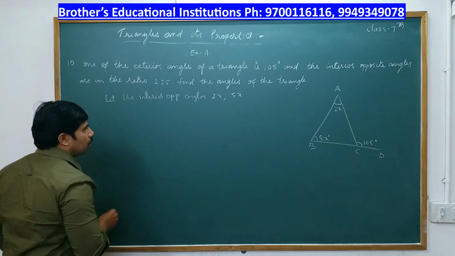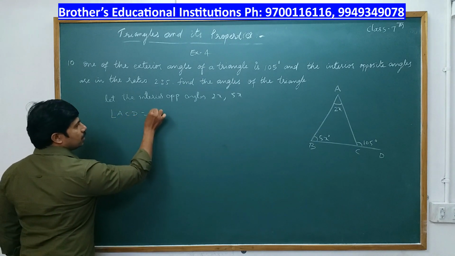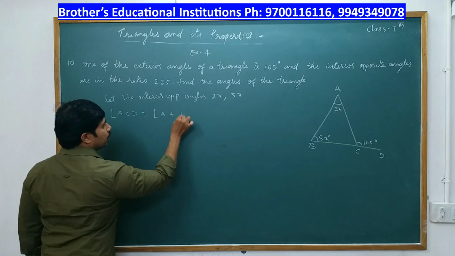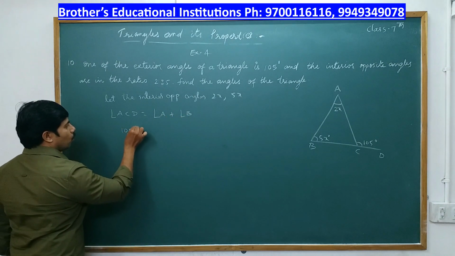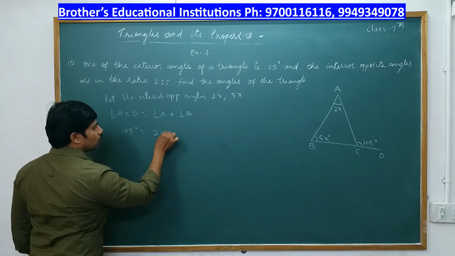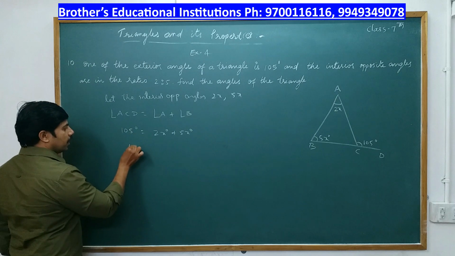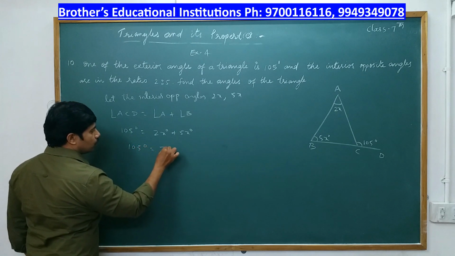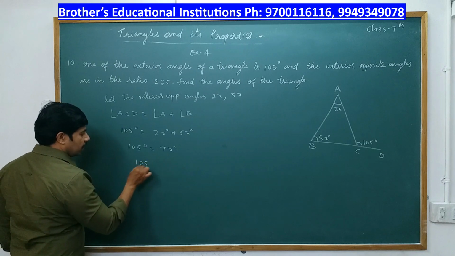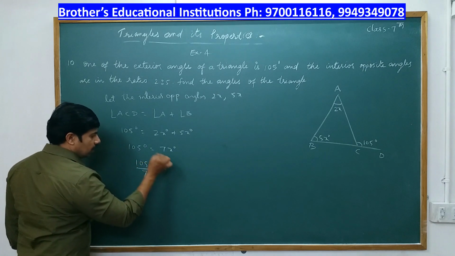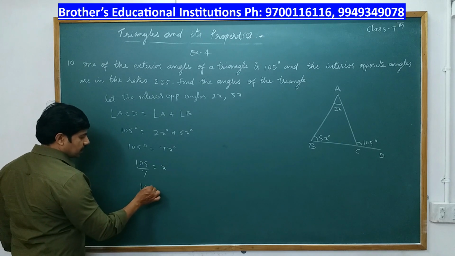Now the exterior angle of a triangle is equal to the sum of two interior opposite angles. So 105 is equal to 2x plus 5x. 105 degrees is equal to 7x degrees. So 105 by 7 is equal to x degrees. 7 1s are 7, 7 5s are 35.